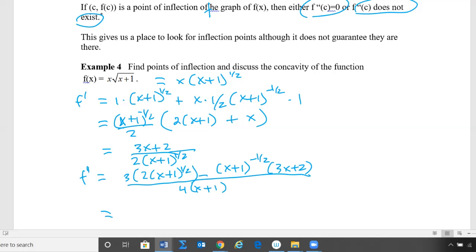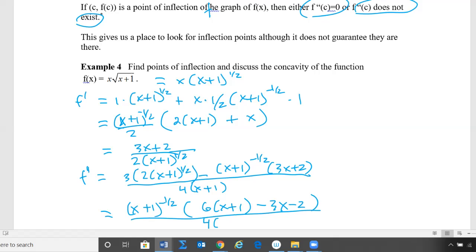Let's see, we can do some factoring here. Let's pull out the x plus 1 to the negative half. That'll give us a 6 times x plus 1 as the first term, and then minus 3x minus 2, all over 4 times x plus 1.